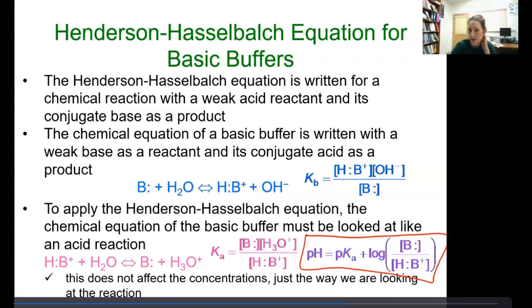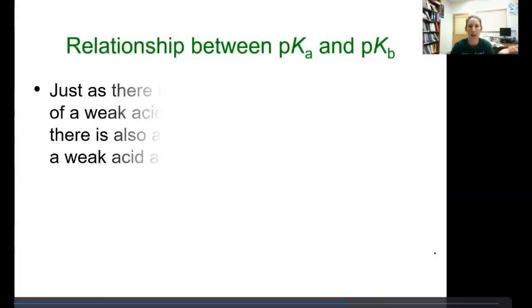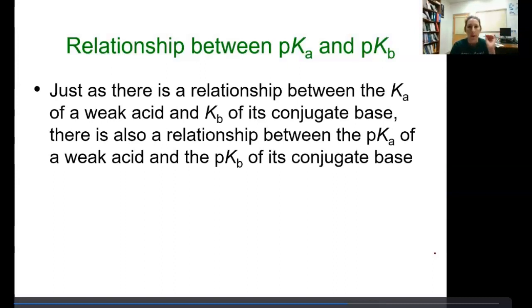You just have to switch these two, right? And so I'm going to look at this. So pKa and pKb. We talked about the difference between Ka and Kb, right? We said Ka times Kb equals Kw. We did that Tuesday.